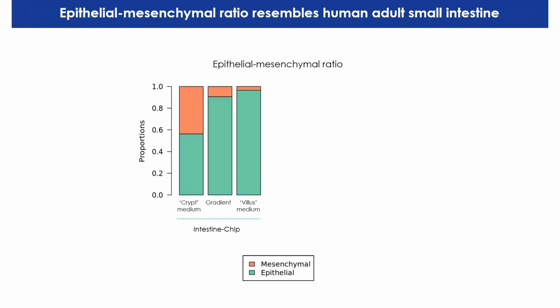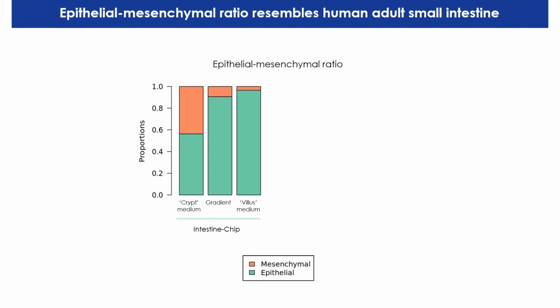Then we looked a bit further into the epithelial composition. So here I show the epithelial to mesenchymal ratio. So in green you see the epithelial cells relative to, in orange, the mesenchymal cells over the different conditions. And we can see what we have also seen in the microscopy images. So we can see this enrichment for epithelial cells in the gradient and villus medium compared to the crypt medium.